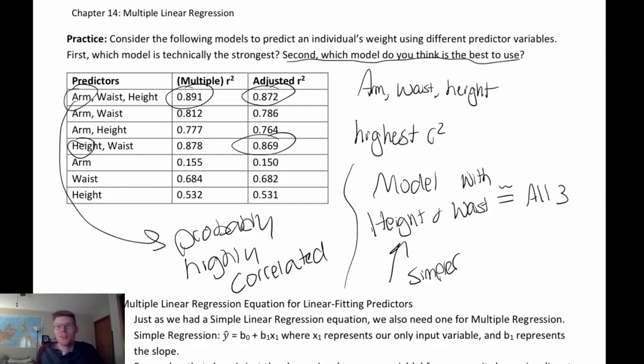So that might be a reason that we don't include arm length if it's not present in as much data. But again, it depends. If I have data for all of them, then it doesn't really matter. If I'm missing some data for arm, or it's just harder to collect for some reason, then I think the simpler model would make a lot of sense here.